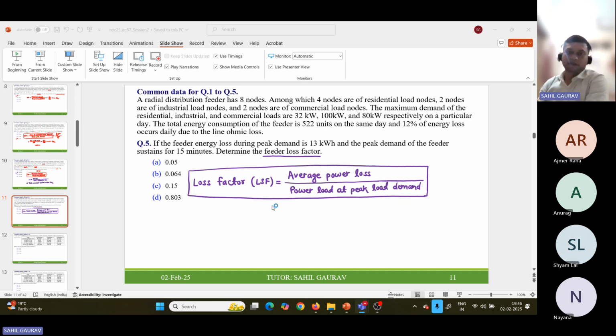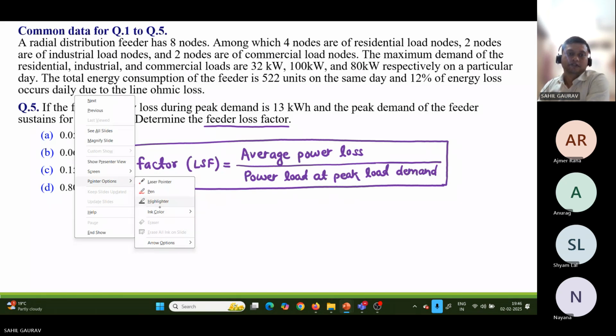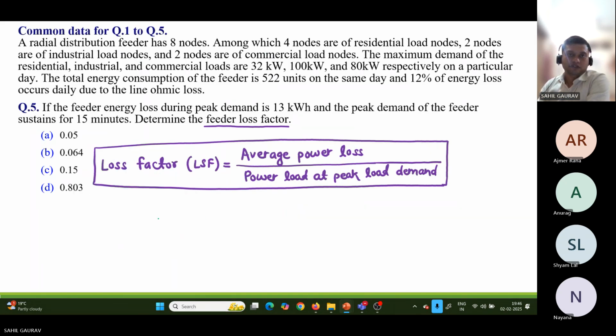So how will you find the average power loss? We will find the average power loss from this data. 12% of energy loss occurs daily due to the line ohmic loss.